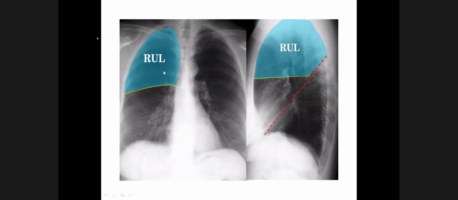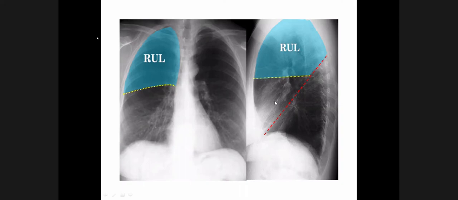So this is a right lobe. To differentiate which lobe, you have to look at the lateral view. If it is posterior to the oblique fissure, it is a lower lobe. If it is anterior, you have to look at the minor fissure.